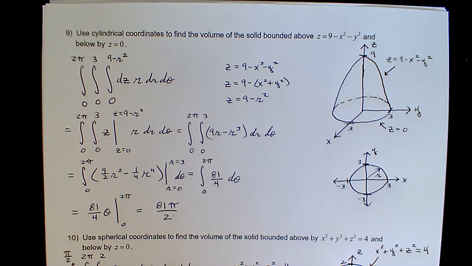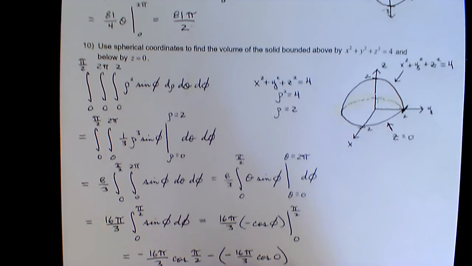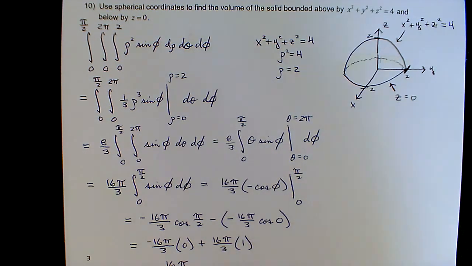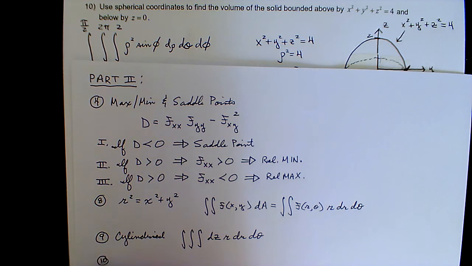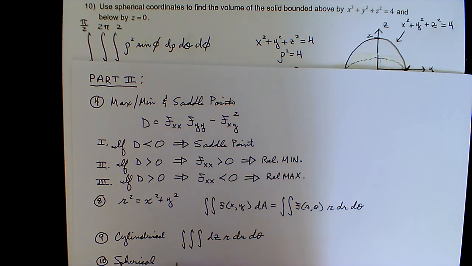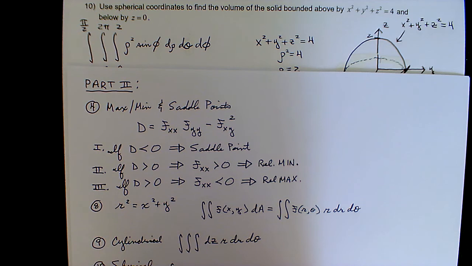And then we move to spherical, and the formula for spherical coordinates is the triple integral of rho squared sine of phi times d rho d theta d phi.